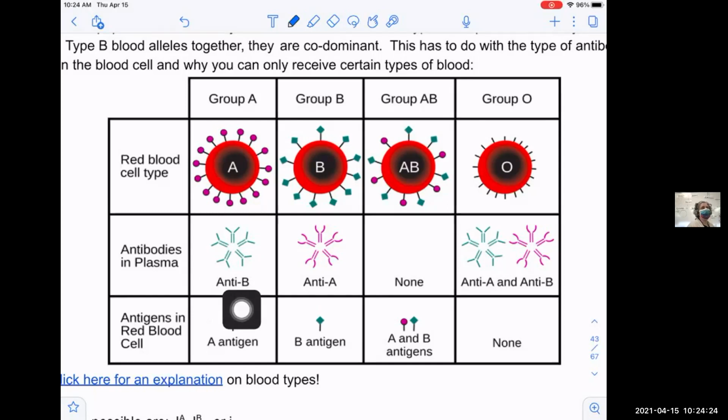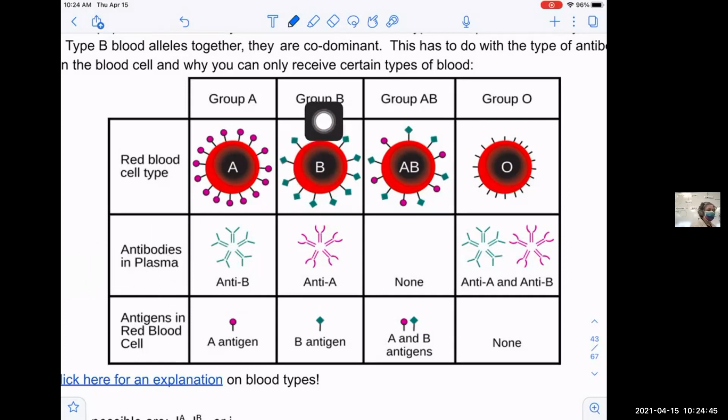Your immune system is going to attack B blood because it's seeing it as foreign, and this is not good. If you need blood and you're getting a donation and your body starts to attack and kill those blood cells and you need them to survive, that's very, very bad.